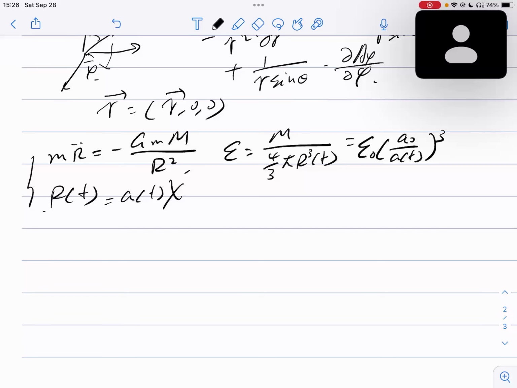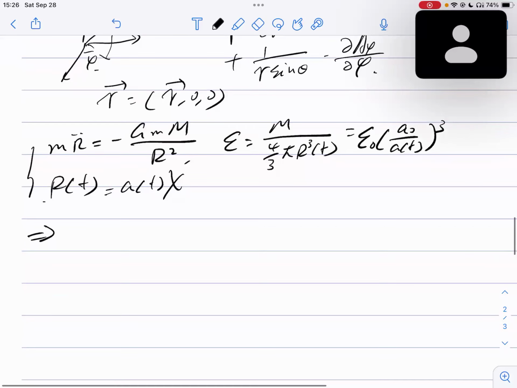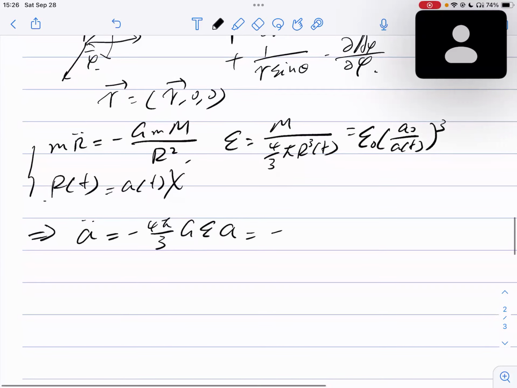Combining these equations, we obtain that the second derivative of a equals minus 4 pi over 3 G epsilon a, which equals minus 4 pi over 3 G epsilon_0 a_0 cubed over a squared.